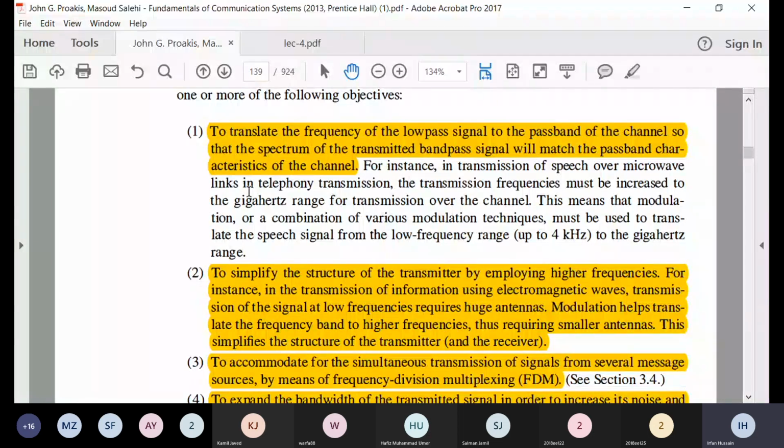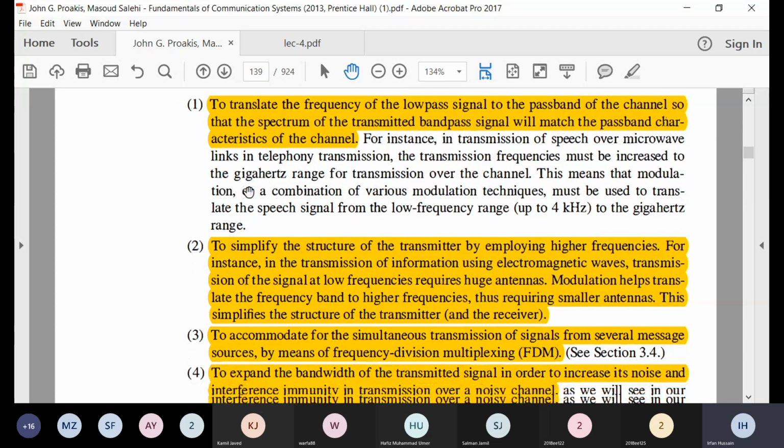But I would need to transfer my 4 kilohertz channel. Let us say it is from minus 4 kilohertz to plus 4 kilohertz, around 0. But let us say, just for the sake of simplicity, it needs to be sent at 2 gigahertz. So it will go up to 2 gigahertz. Other users will also be sitting around those frequencies, and hence they will all be sent over the channel.